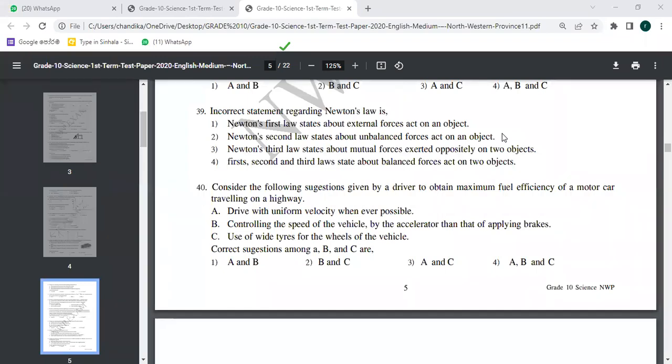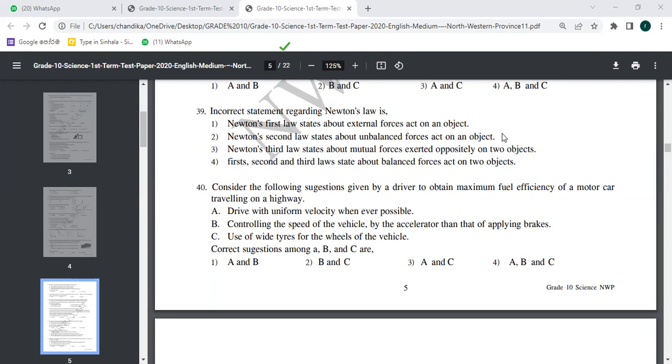Now like this, no? You know, Newton says like this. When there is no unbalanced force acting on an object, that object will be at rest, or moving at a uniform velocity.